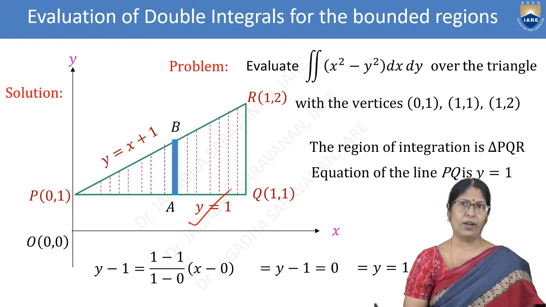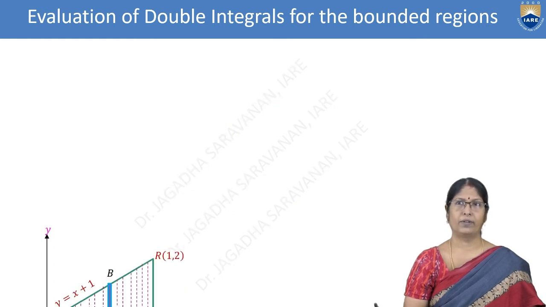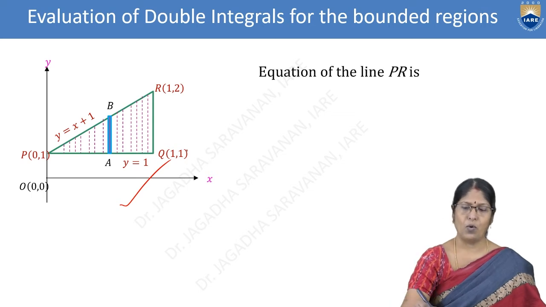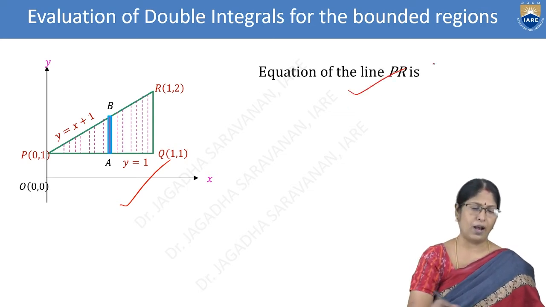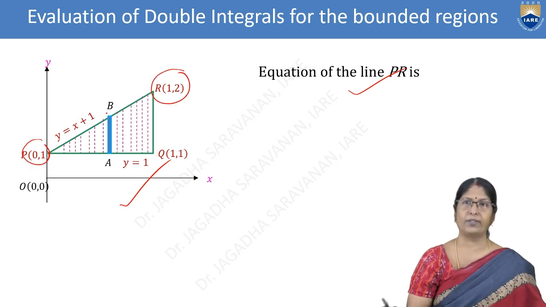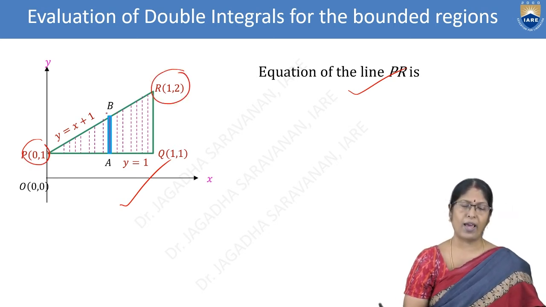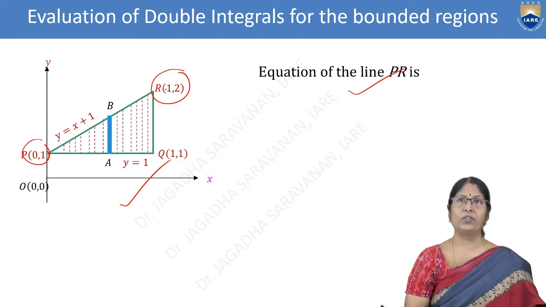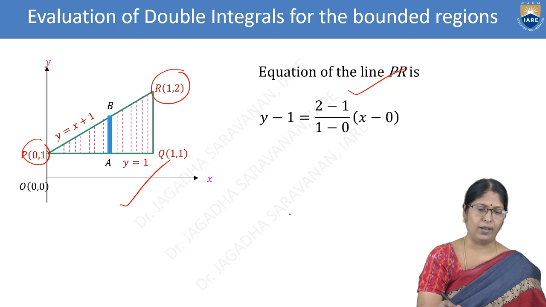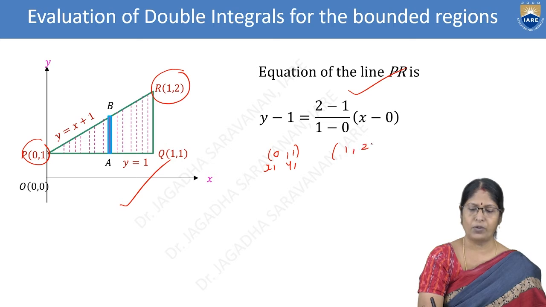So the next one, this is actually the diagram. Now the equation of the line PR. Here one point is there and here another point is there. So the equation of line PR passes through these two points, using the same formula, with 0, 1 as x1, y1 and 1, 2 as x2, y2.